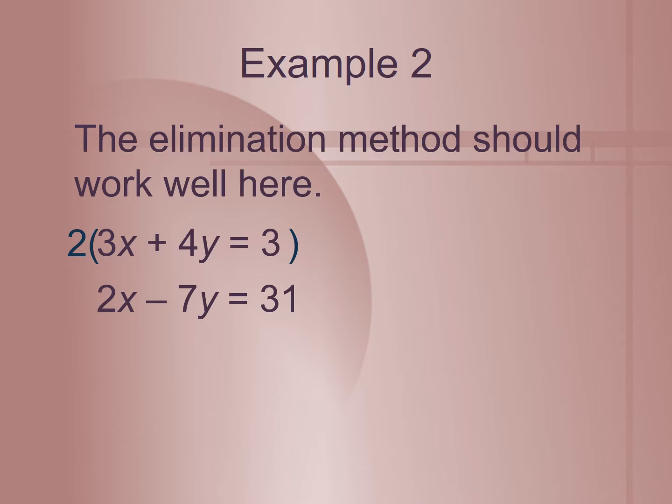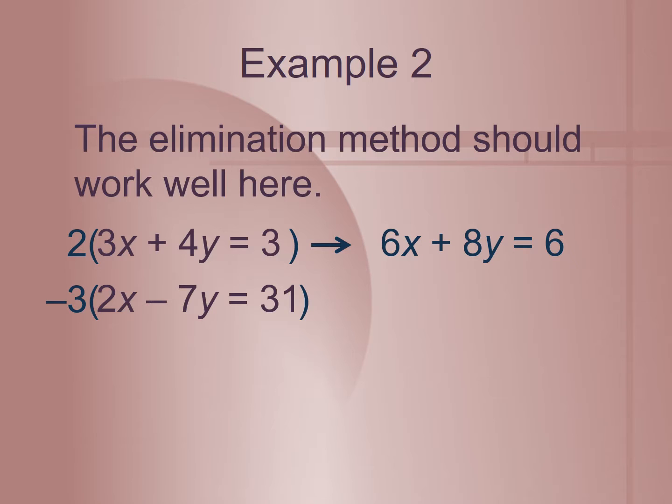If we make them the same, we can subtract the equations, and if we make them opposite, we can add the equations. We're going to try to eliminate x, which means we'll multiply the first equation by 2 and the second equation by 3, which would make the coefficients the same. Actually, we'll multiply by negative 3 so that they'll be opposite.